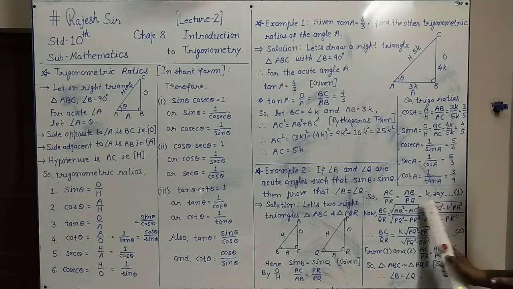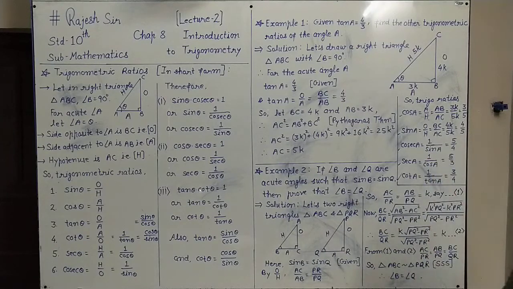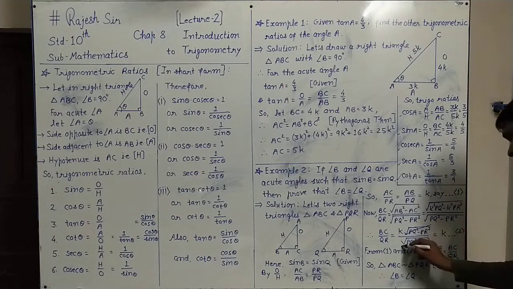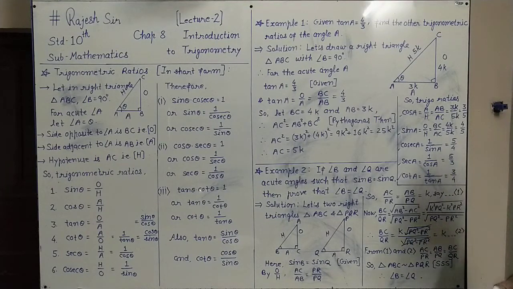Now you can see up and down, the root of PQ square minus PR square is the same, so we can cut it. What remains? BC upon QR equals K. This is result 2.